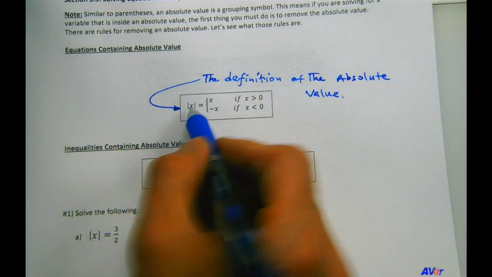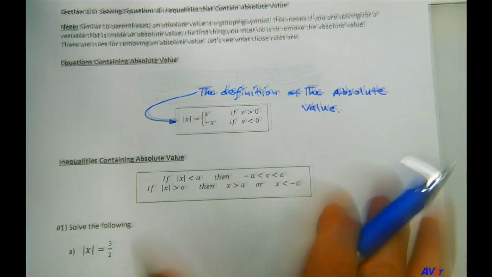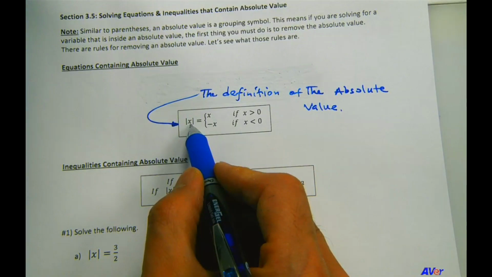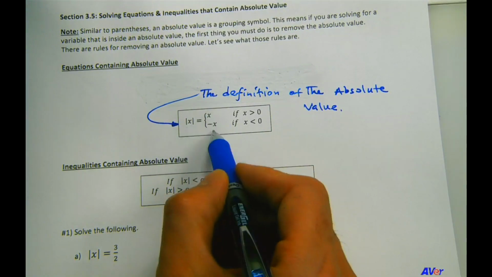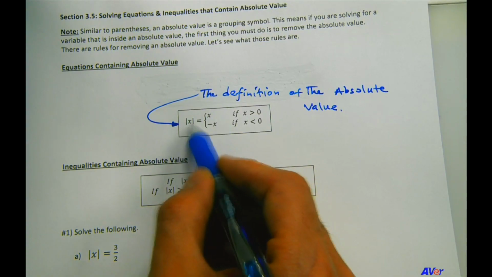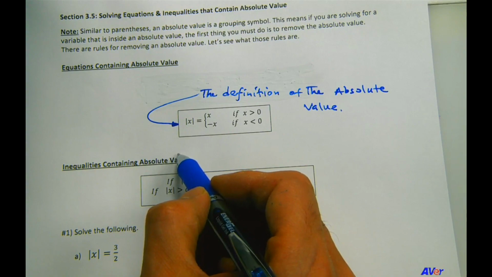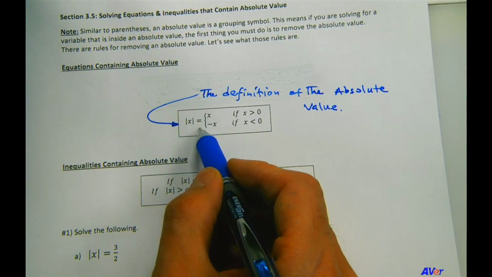That's where this definition of the absolute value becomes so important, because as you can see, the absolute value of x equals these two entities which do not include the absolute value notation. The absolute value bar is gone, right? And that's what we want.